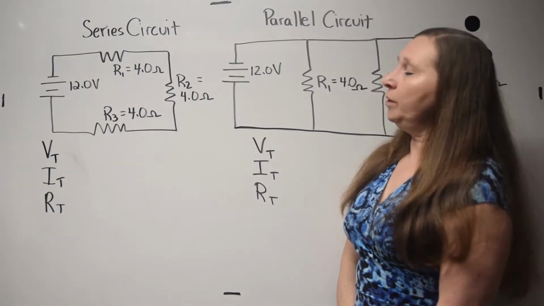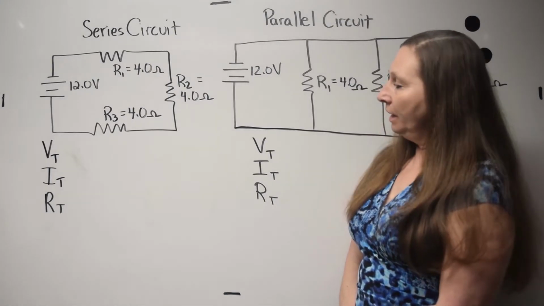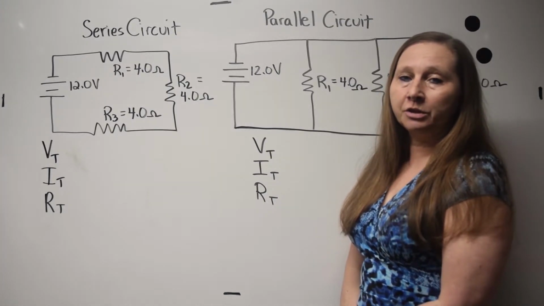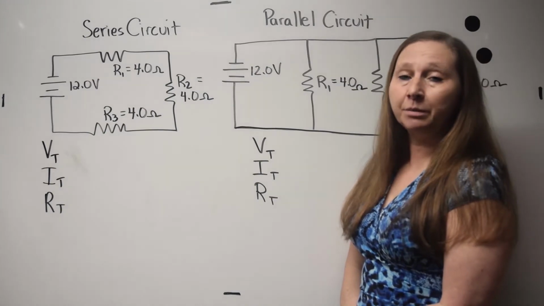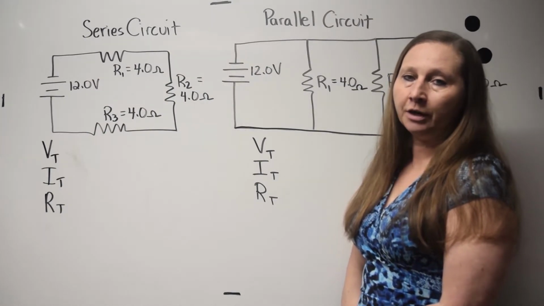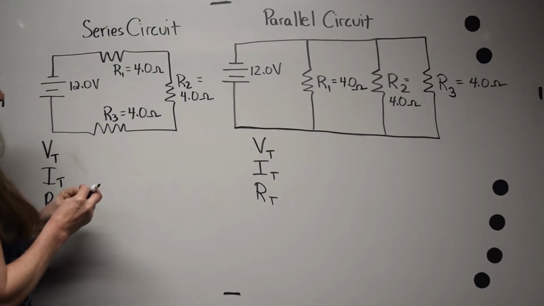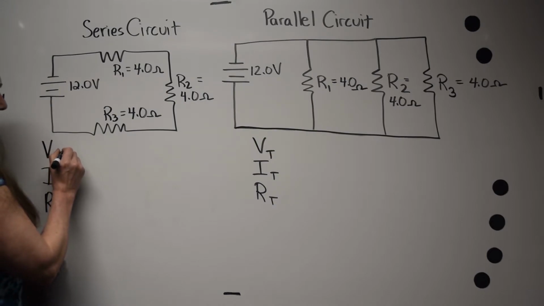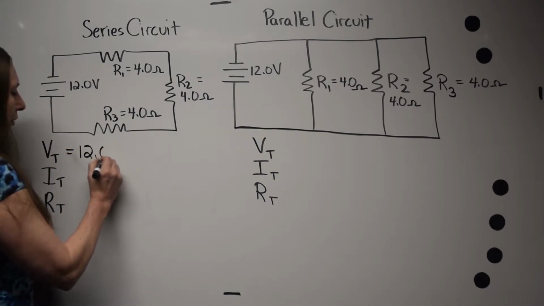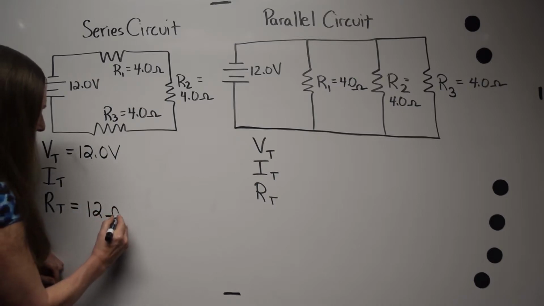Now, since we were given the total voltage, which is the battery or power supply, and we just calculated the total resistance, it's a simple matter at this point to calculate the total current for each circuit. So let's do that. We know that the total voltage, the battery, for the series circuit is 12 volts. We know that the total resistance is 12 ohms.